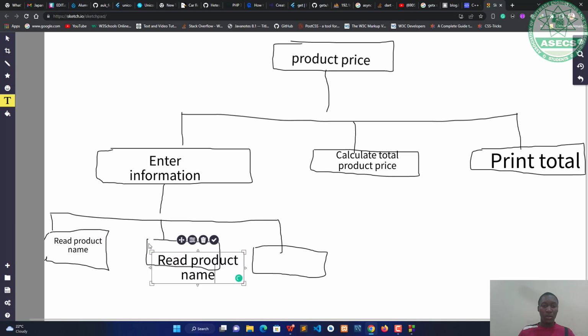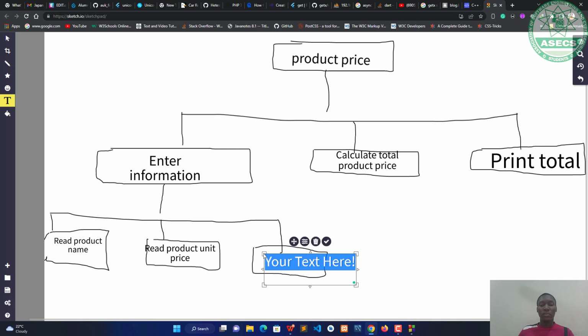Over here, read product what? Unit price. And the next one is read product quantity, which should be here.